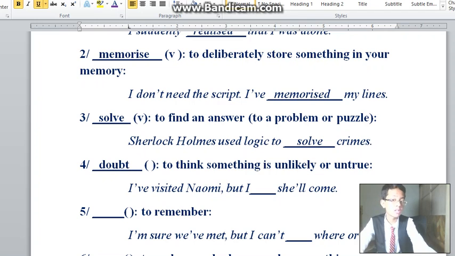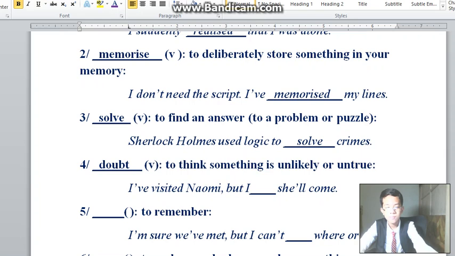Many doctors doubt that the stories of Emily are true. So we'll put doubt.